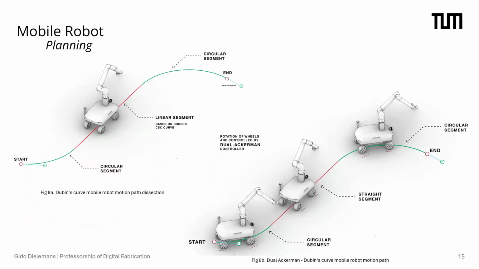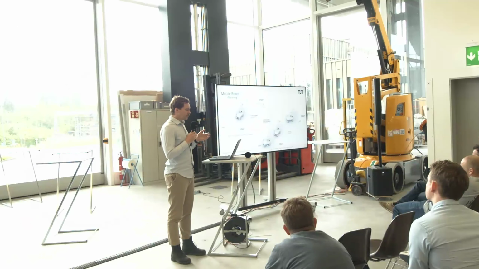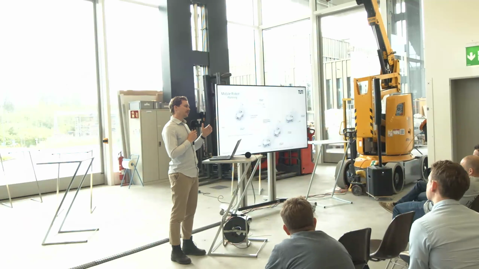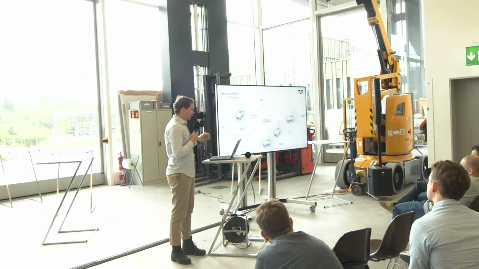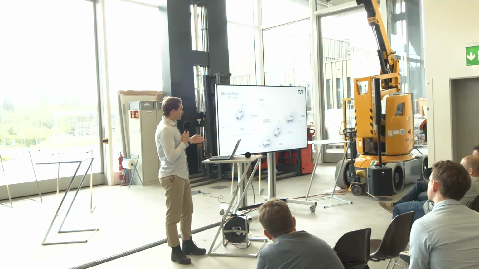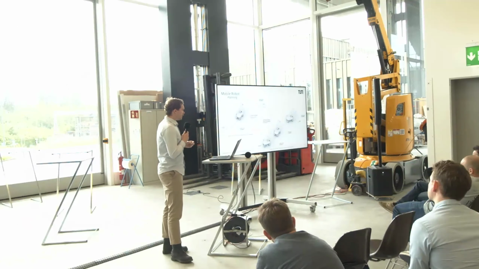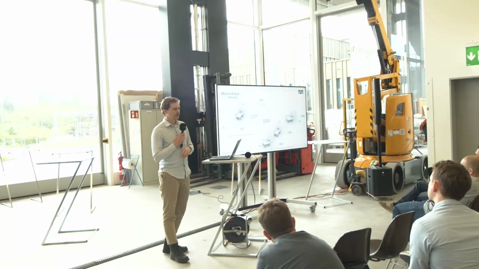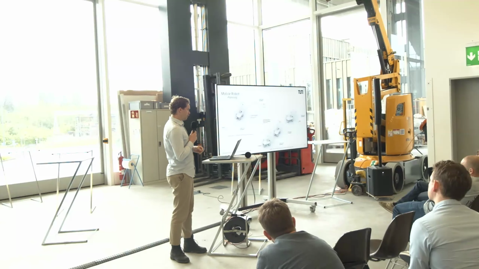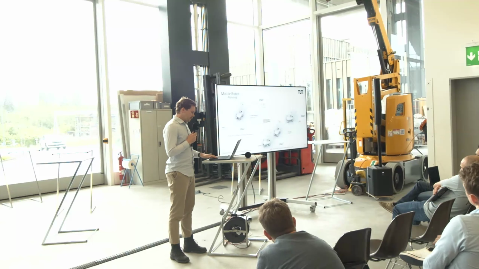And with our robot, since all of the four wheels rotate individually, it uses a dual Ackermann steering principle, which basically means that the inner wheels have a different radius than the outer wheels, and it can follow the curve in this way. And this is an implementation that we have recently also made for the Isaac Sim, so we can actually simulate this motion before going anywhere near the robot.